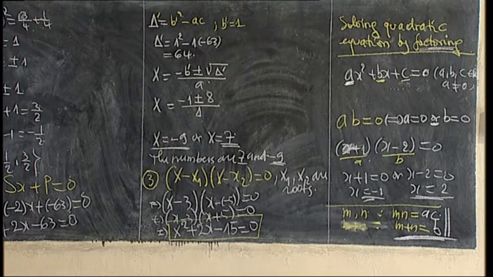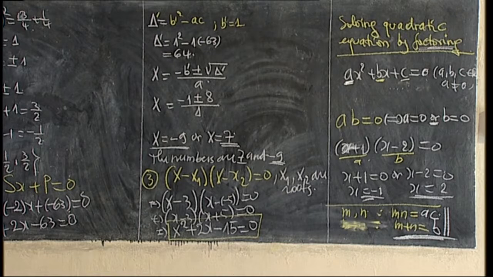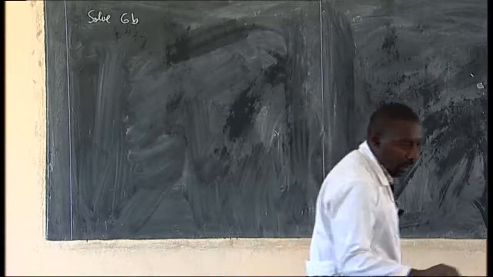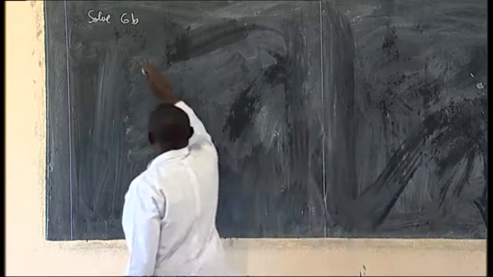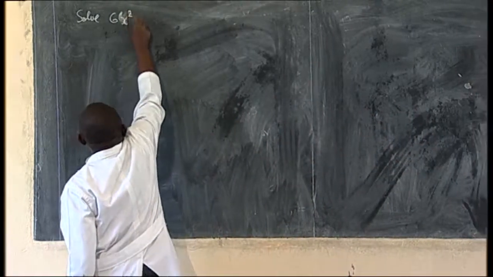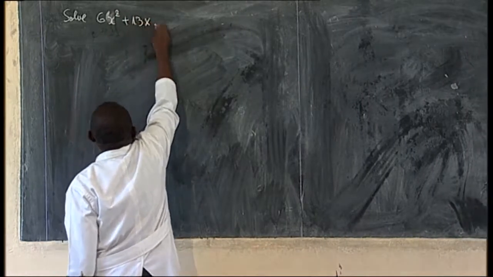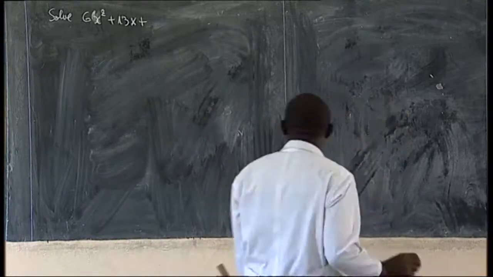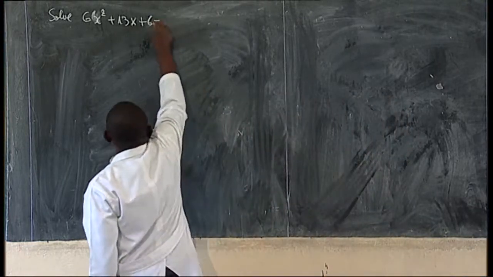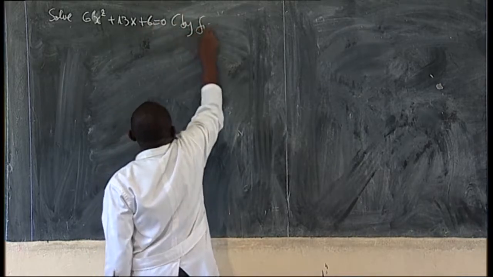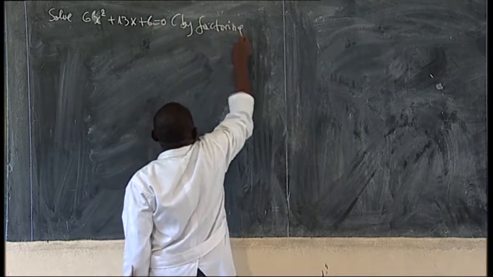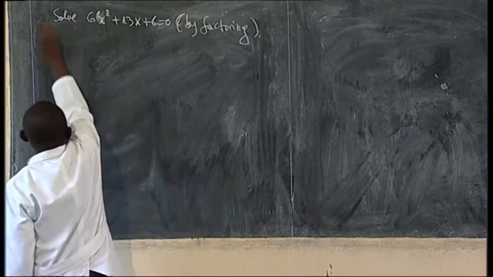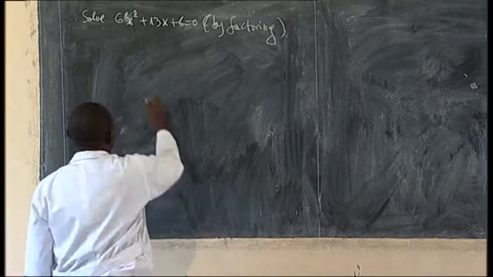Solve 6x squared plus 13x plus 6 equals 0, of course, by factoring. This is an example. Okay?